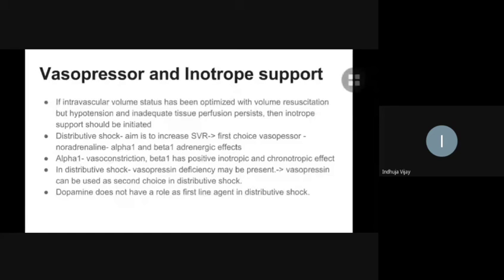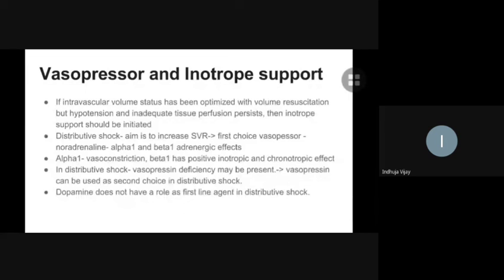The first choice is noradrenaline, an alpha 1 and beta 1 agonist. Alpha 1 causes vasoconstriction; beta 1 has a positive inotropic and chronotropic effect, increasing the force of contraction and the heart rate. Vasopressin can also be used along with noradrenaline as a second line, because there might be a vasopressin deficiency.